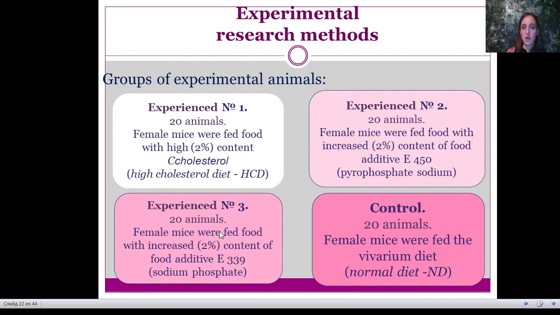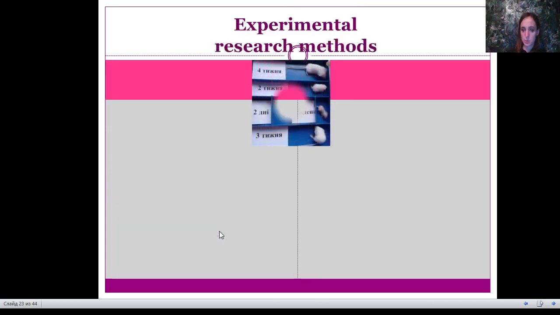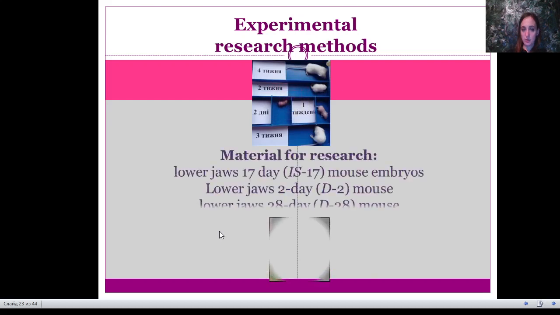And control, it's control group, here also 20 animals. Here female mice. And we have on this picture 1 week, 2 days, 1 week, 2 days, 2 weeks, 4 weeks, and 3 weeks.